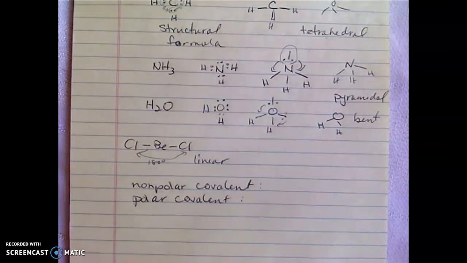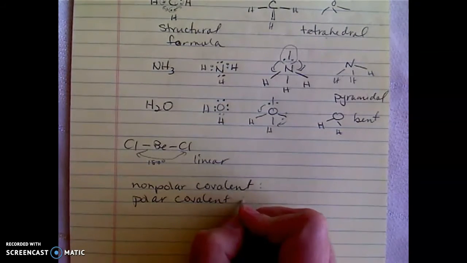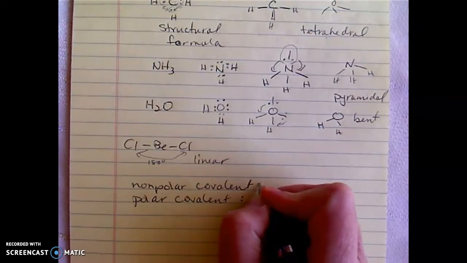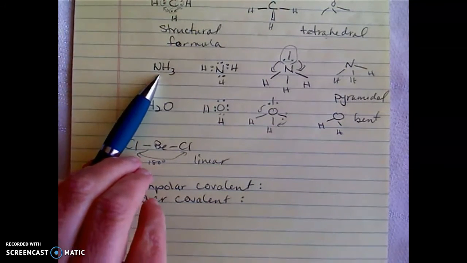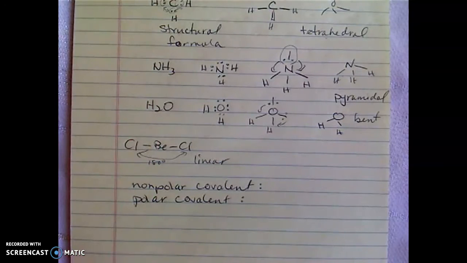Okay. They're both covalent, so you're still talking primarily nonmetals and nonmetals bonding together and sharing of those electrons. So your water, your ammonia, your methane, those are all molecular compounds made up of nonmetals, and they're sharing their electrons.